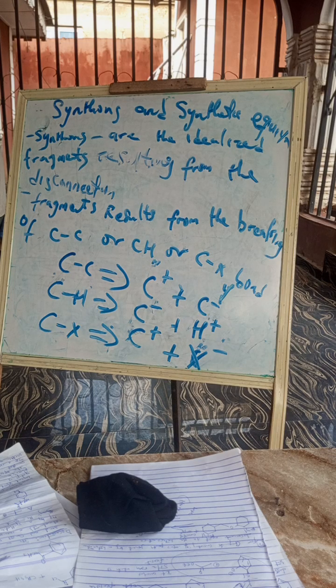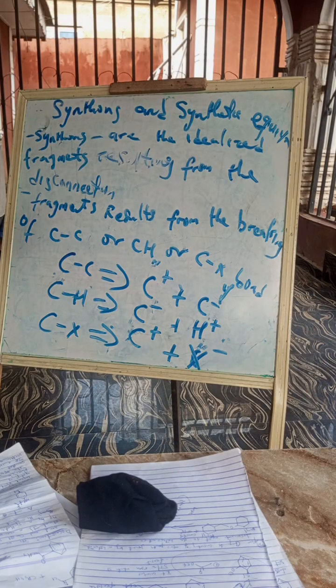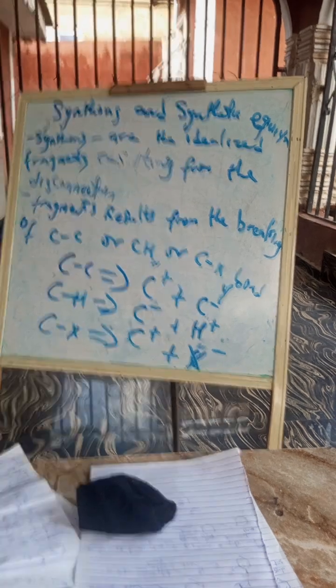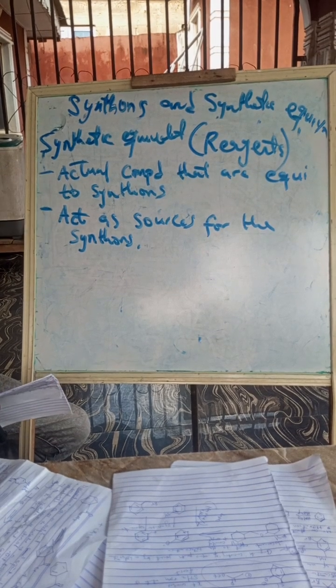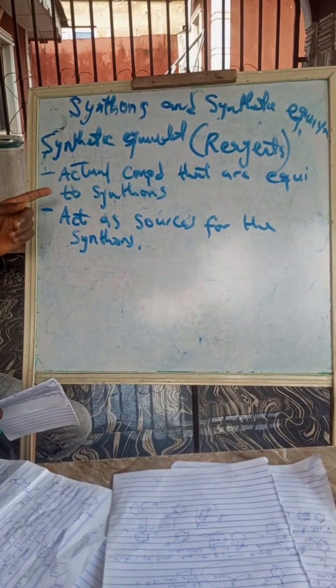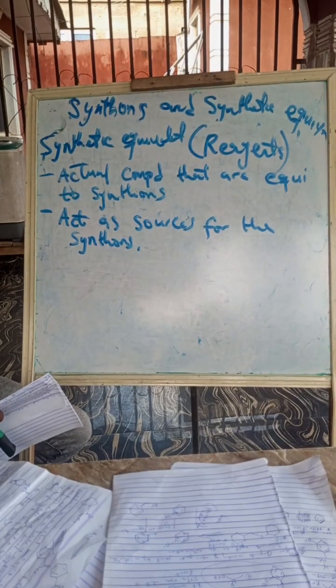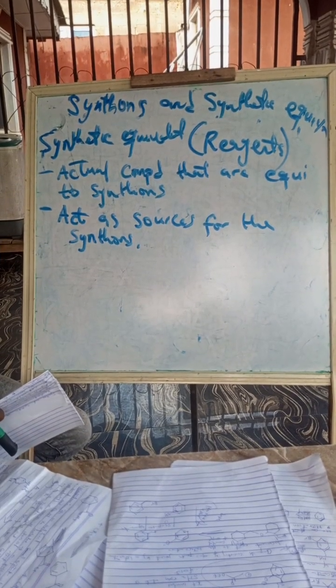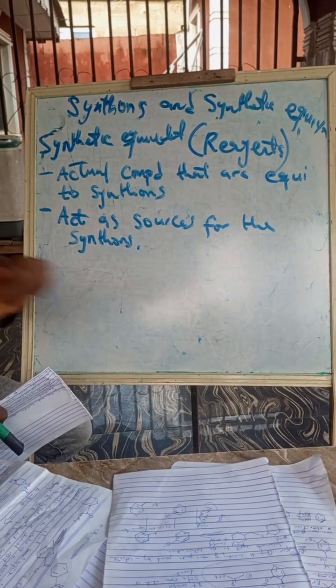Now the next one we talk about is synthetic equivalent, that is the equivalent of the synthons when reagents are being added to them. Synthetic equivalent can be referred to as reagents, that is, actual compounds that are equivalent to synthons, that we can compare to synthons, that is fragments.